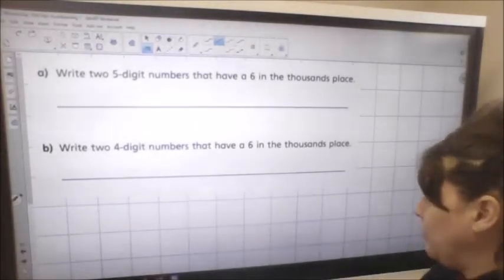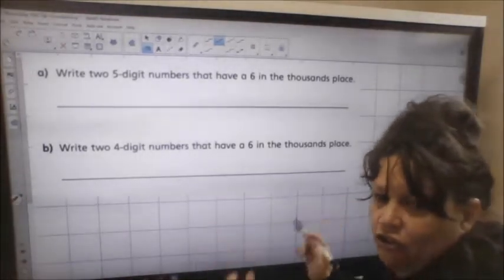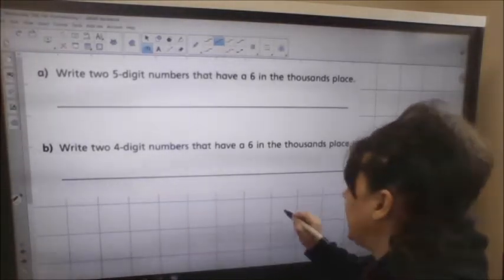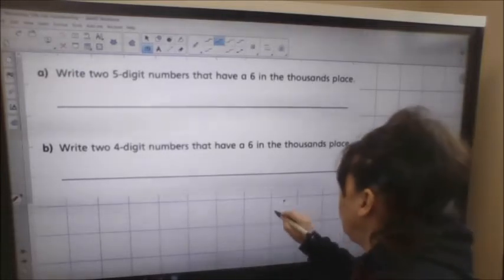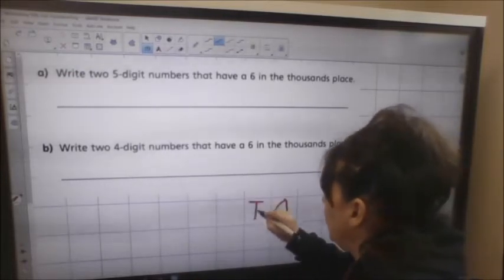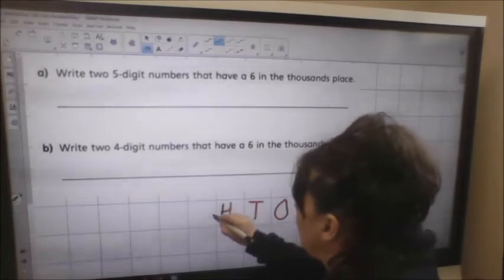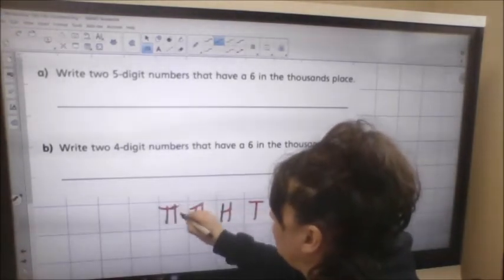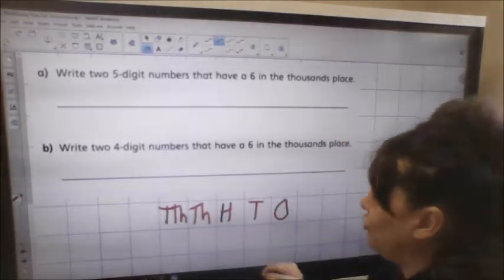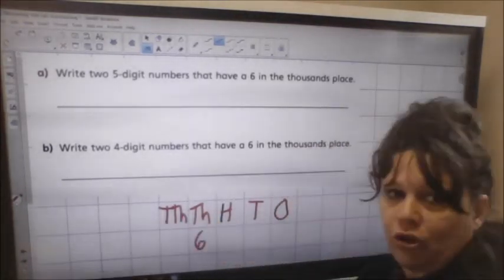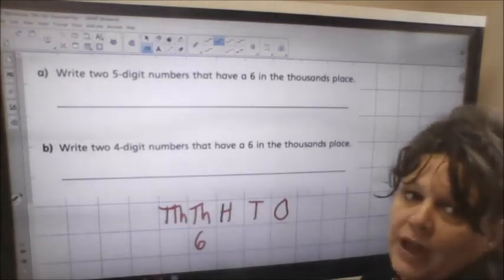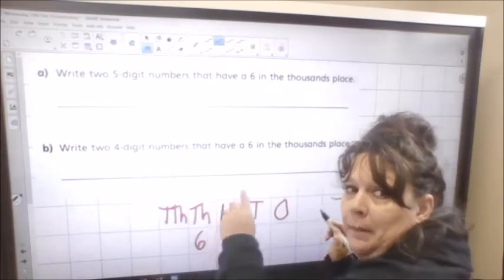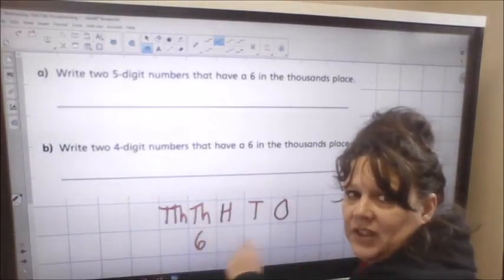Okay, so for this question you put your grid again in your purple book, so ones, tens, hundreds, thousands, and tens of thousands. If you put your 6 straight away in the thousands column, it doesn't matter what digits you put elsewhere, as long as you've got your 6 in the right column. So that's why I'm saying draw the grid, put the 6 there.